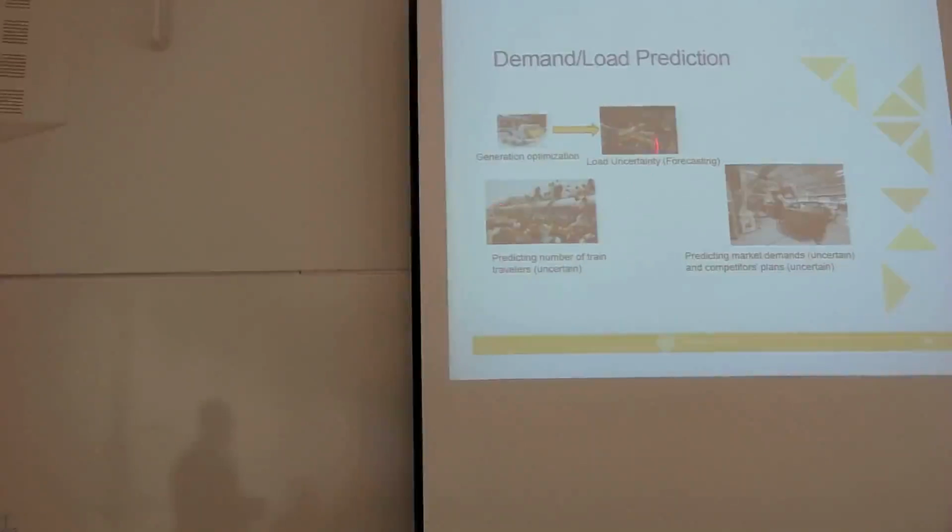And then if we can accurately predict the load, then we can optimize the generation. Predicting the number of train travelers is another one that is needed, to predict how many travelers there will be. Predicting market demands is also uncertain, in order to produce the right quantity to maintain the price, for example.